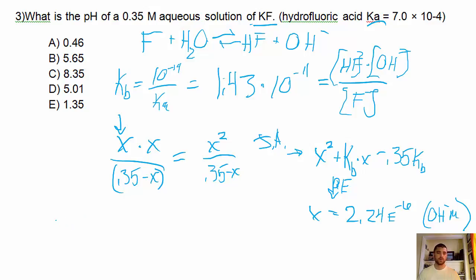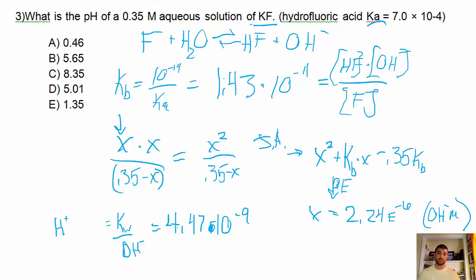So I know H plus times OH minus has to equal that Kw, which is 10 to the minus 14. So H plus has to equal Kw over the OH minus concentration. I know those two values, so I plug them in, and I get 4.47 times 10 to the minus 9.